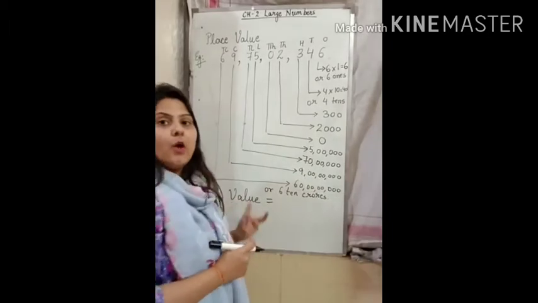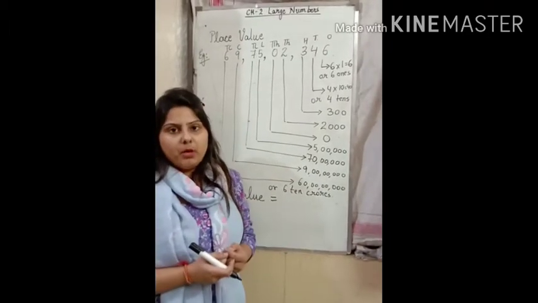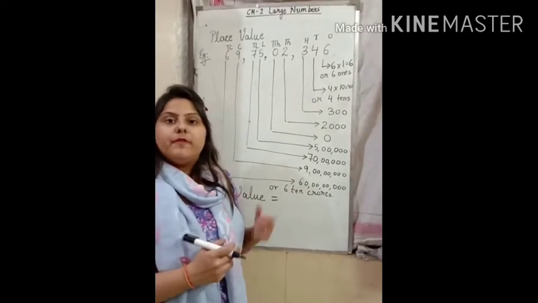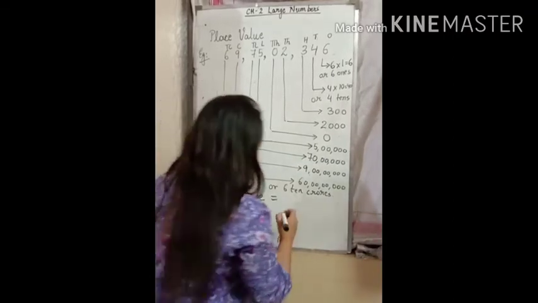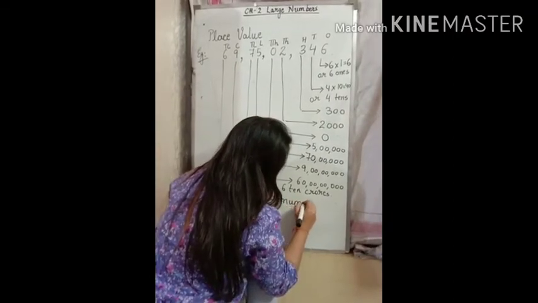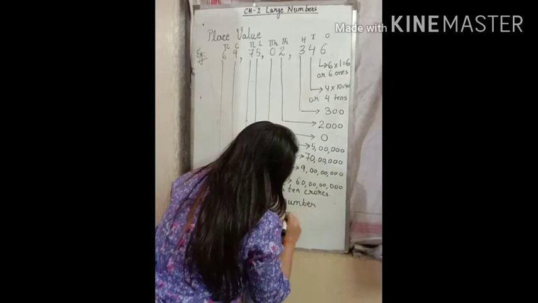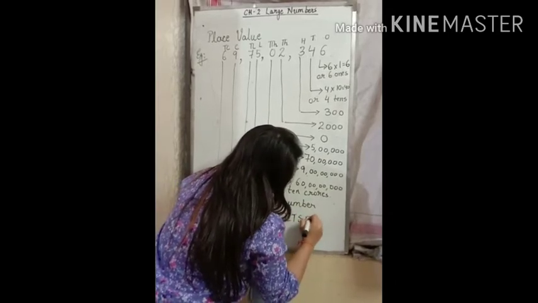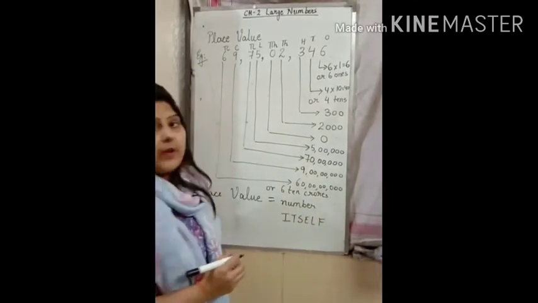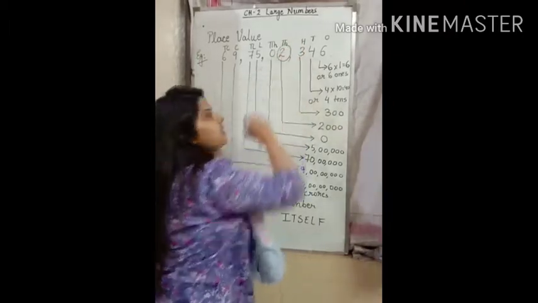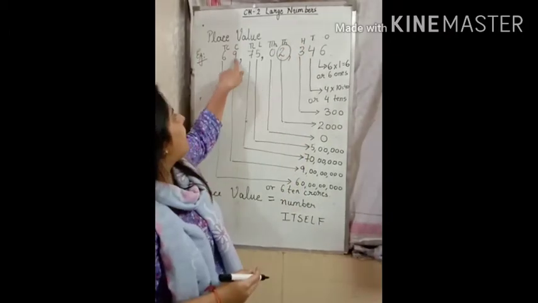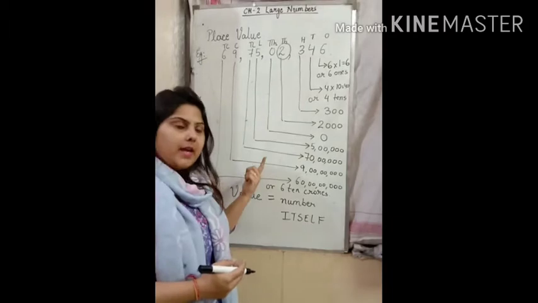Now let us see how to find the face value of a given number. It's very simple. Face value of any number is the number itself. So if I ask, the face value of 2 is 2. Face value of this 9 is 9.